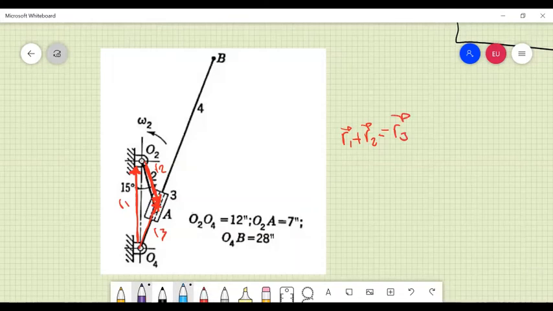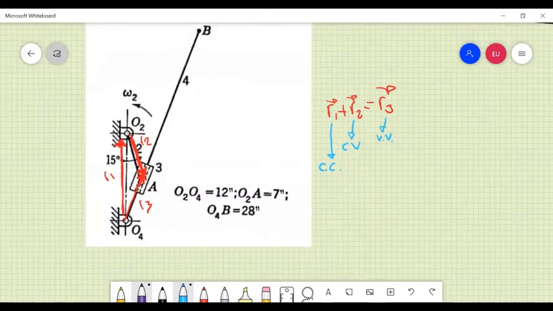And I know which type of vector this is? R1: constant. What type of vector is R2? Constant, variable. What type of vector is R3? Variable.